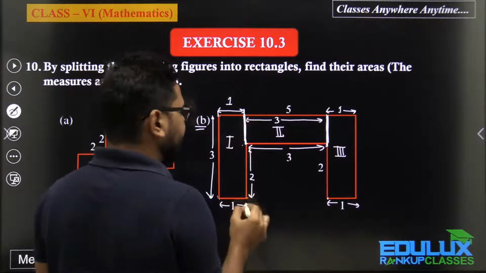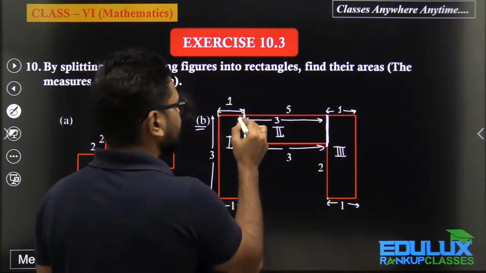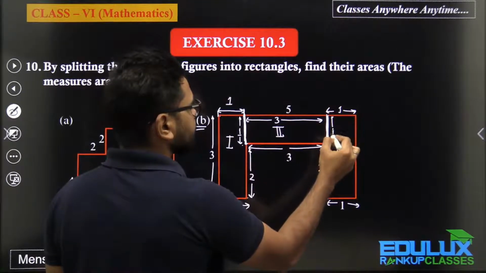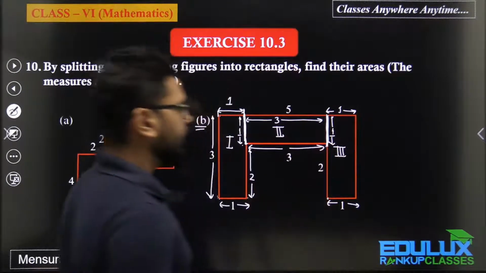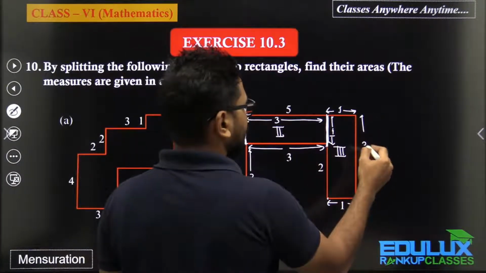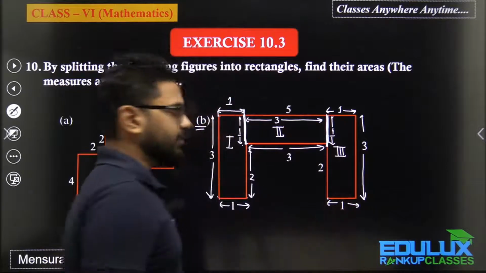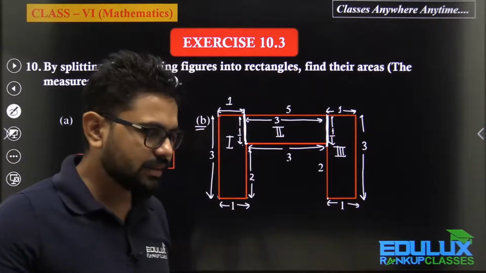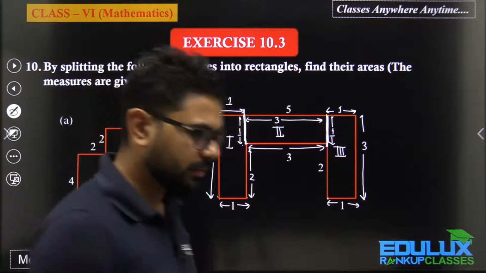So this complete is 3 and this part is 2, so the remaining is only 1 centimeter, and so for this side 1 centimeter. And I hope now we have got all these. So if this is 3, this is also going to be 3. So now we can write the dimensions.